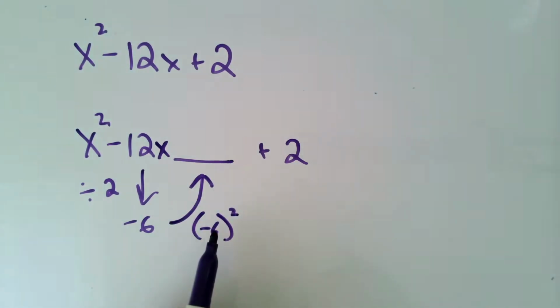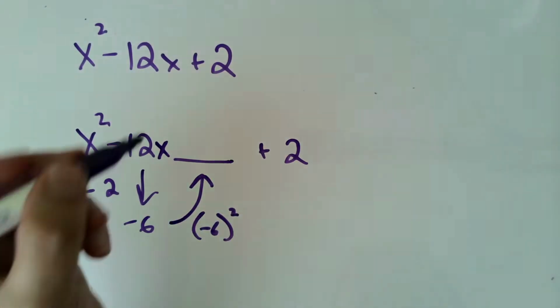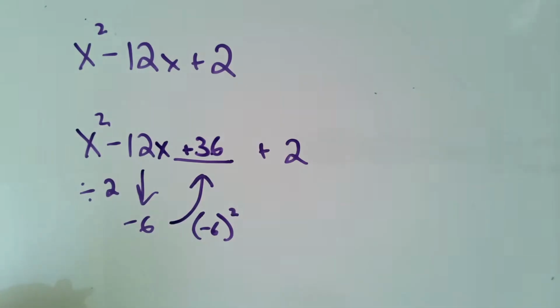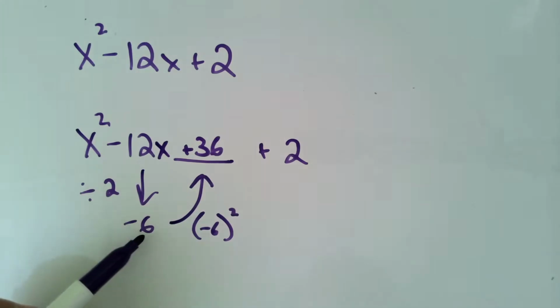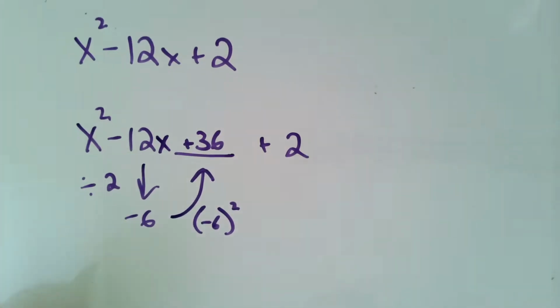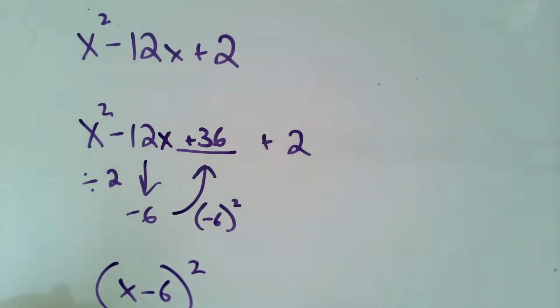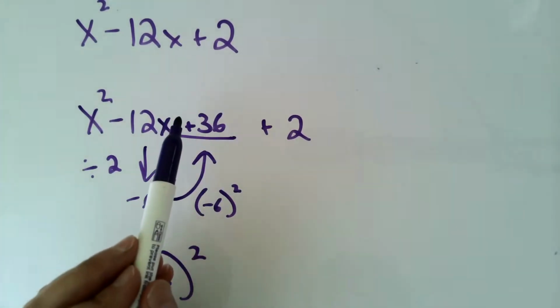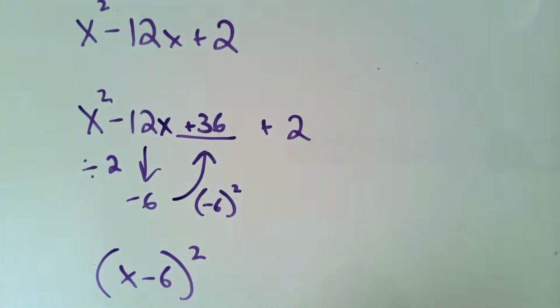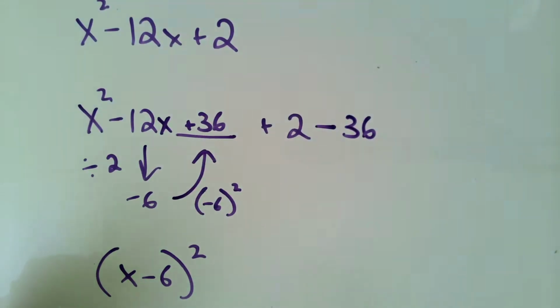I'm going to square it, negative 6 squared, plus 36. I have just created the perfect square of x minus 6 squared. And before I forget that, I'm going to go ahead and write it in that form. Now, I added 36. So to balance everything, I need to subtract 36.